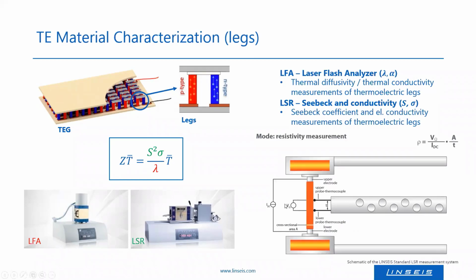For the resistivity measurement, a DC four-terminal measurement technique is used, as shown here in the picture. For the measurement, one impresses a constant current into the sample using those two electrodes, and the resulting voltage drop over a portion of length, here denoted by T, is then measured using, again, those thermocouples.